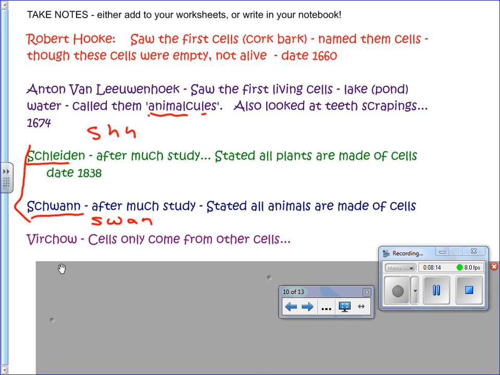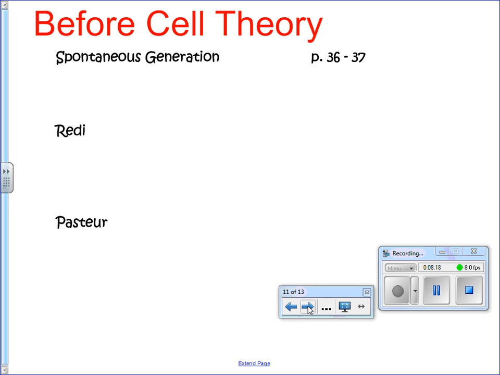Okay, so next we have Redi and Pasteur. And in the textbook, it talks about something called spontaneous generation. Did anyone understand what spontaneous generation was that these guys were disproving? Yes.